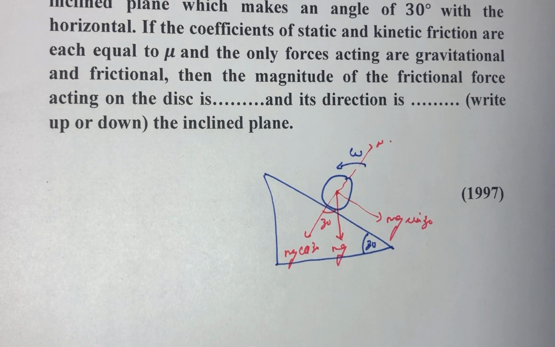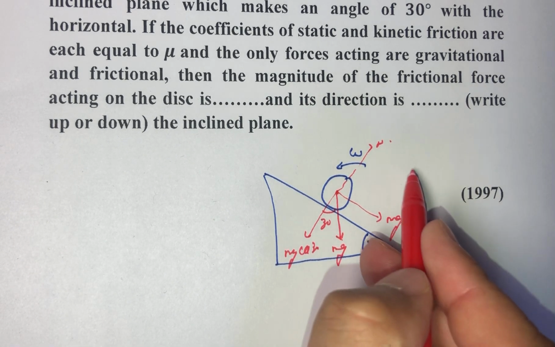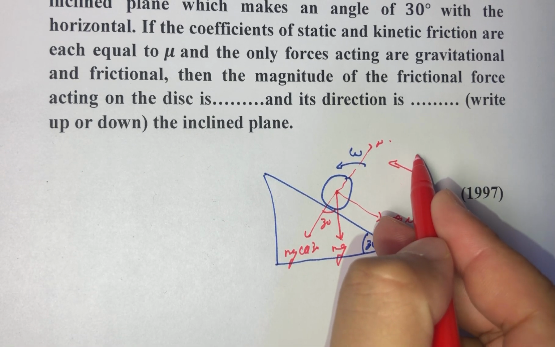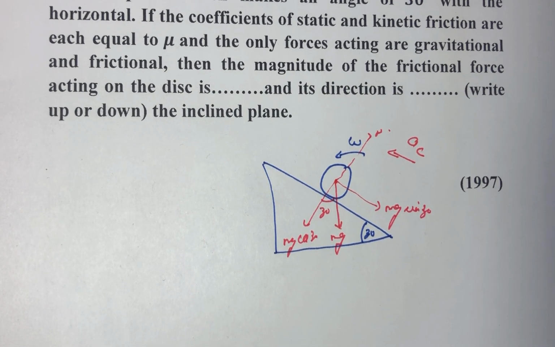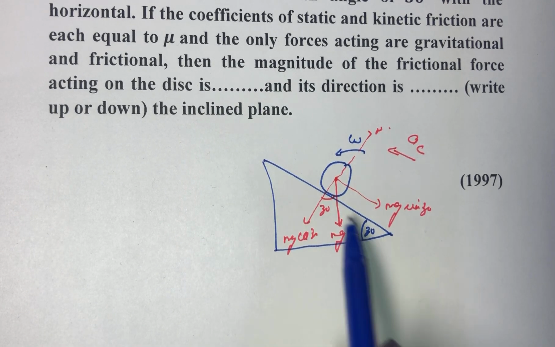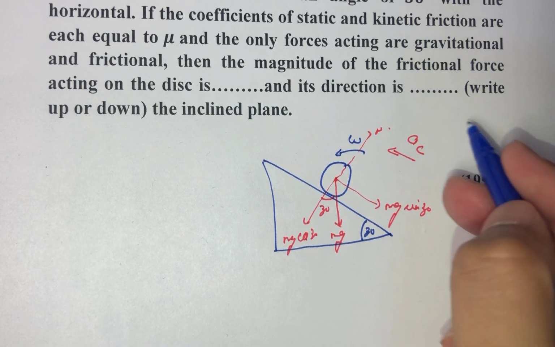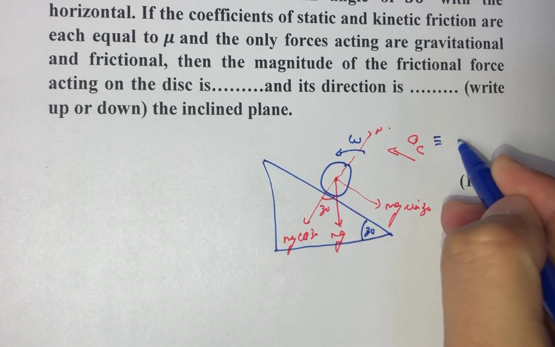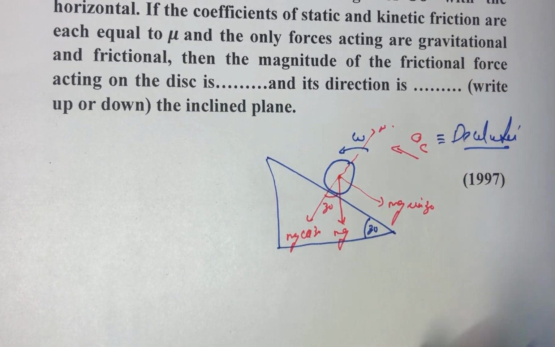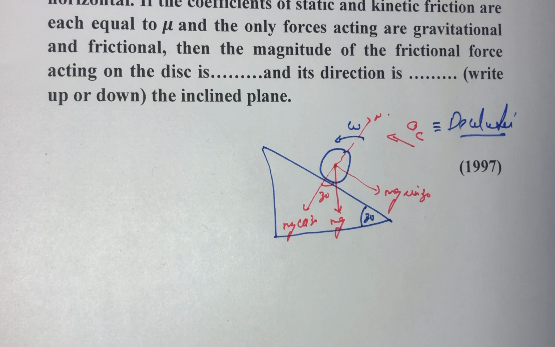So first of all, let's find out in which direction the friction is going to act, because that will be helpful in writing the equation for the accelerated motion. We are saying that it is moving in the upward direction, and its acceleration is given as AC. Basically, this is a rough inclined plane, so this acceleration will actually be a deceleration, not an accelerated motion.